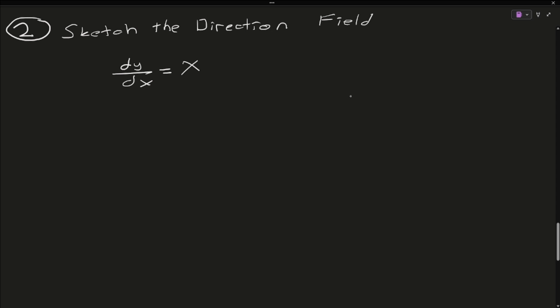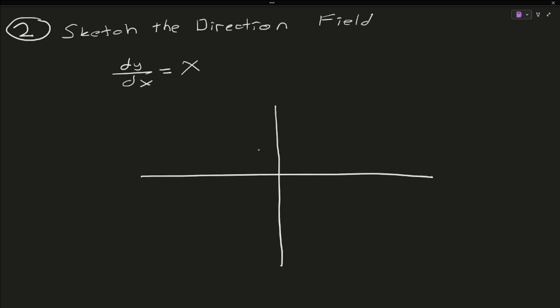Now we have another interesting one. We are asked to sketch a direction field, and dy/dx is now equal to x. So this means our y has no impact on the solution, so our solutions will be vertical-wise. And let's say x equals 1. So our direction fields will be just like this one over here when x is equal to 1.